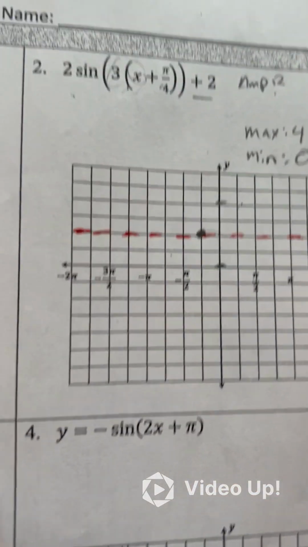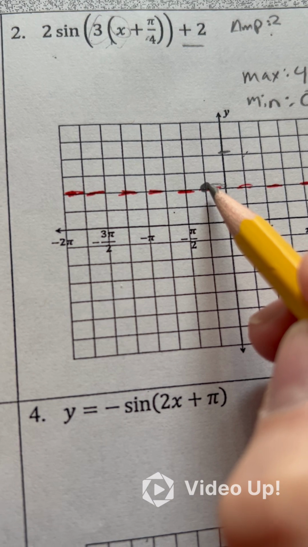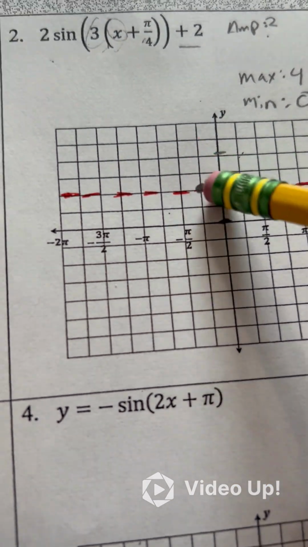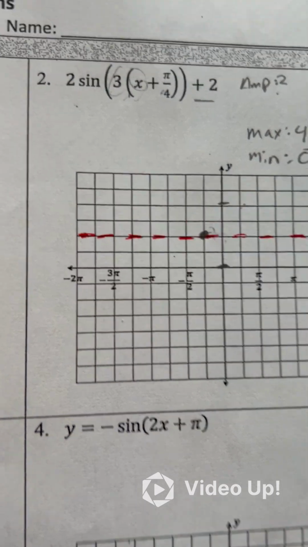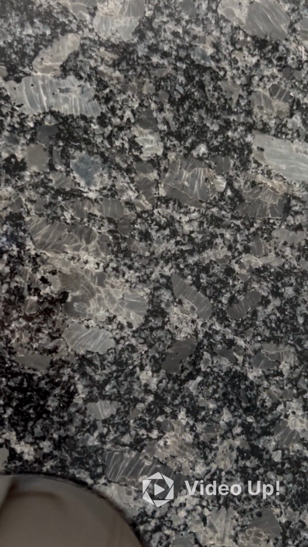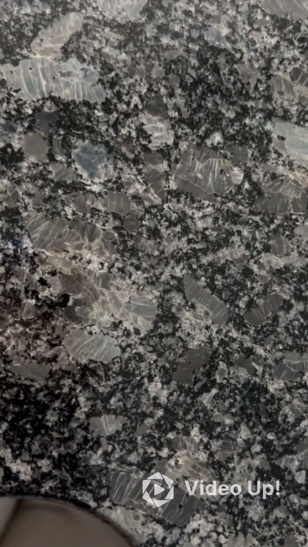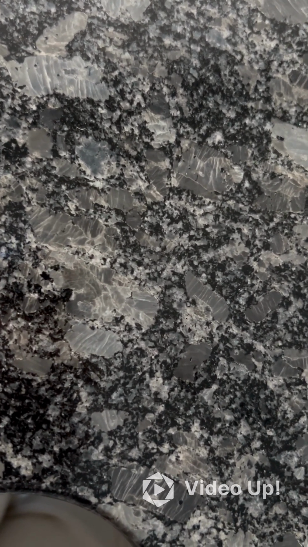So instead of moving 1 between each change, we're gonna move 2/3 of 1. So we're not even gonna move a full thing, right? Sorry, let me double check.